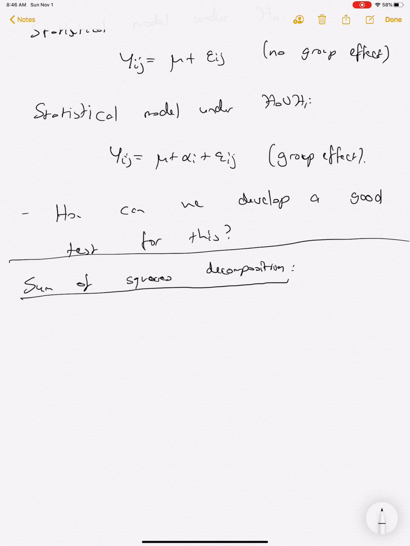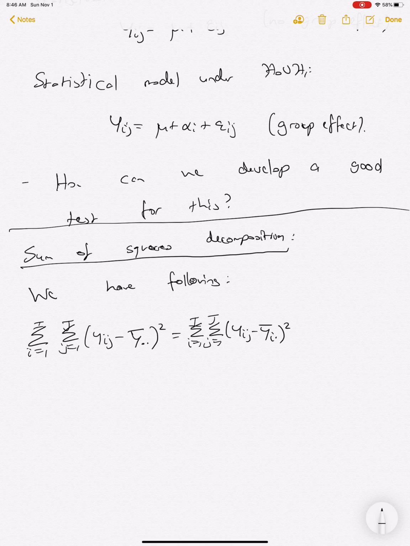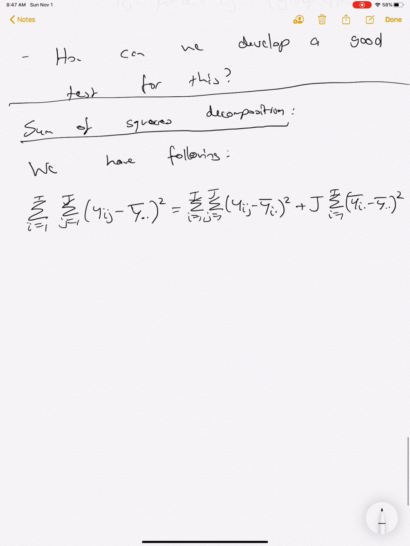So we have the following decomposition. Okay, so let me just talk about all of these three terms.